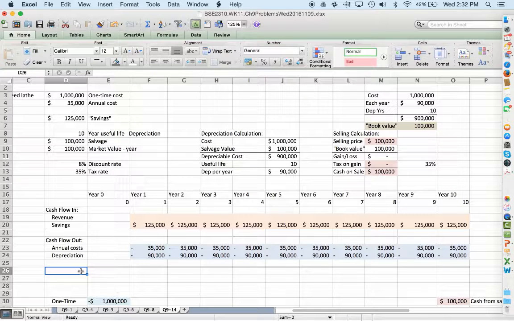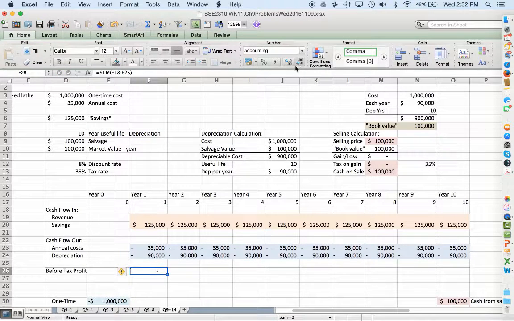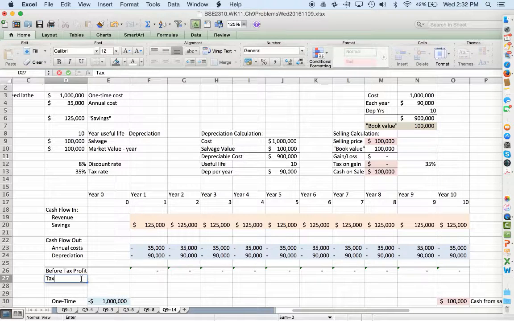So I'm going to put in this subtotal, before tax profit, and then add up the revenue and the expenses. This will give me before tax profit. Now, as you can see, this is 0. In some projects it won't be. What I would then do is apply the tax rate. So I would take that before tax profit, multiply it times the tax rate, and hold the cells constant.